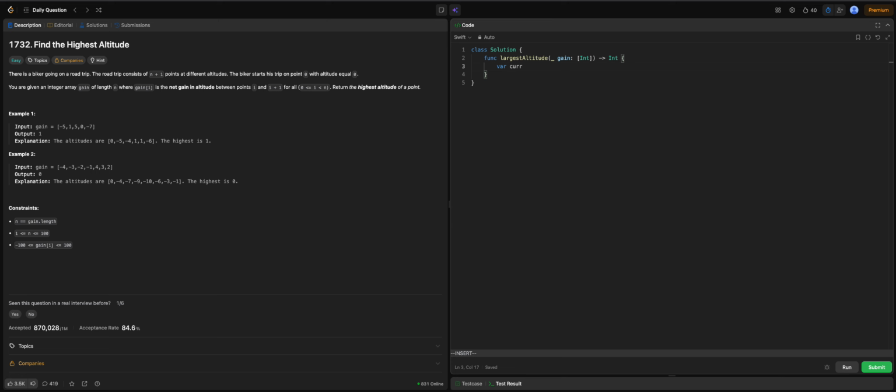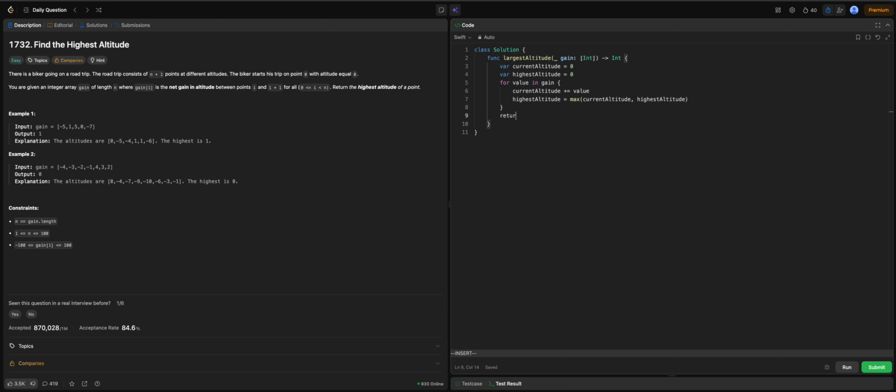Here we keep track of the current altitude as 0 and the highest altitude also as 0. For each value in gain, we calculate the current altitude by incrementing with the value, and we take the maximum of the highest altitude and the current altitude.